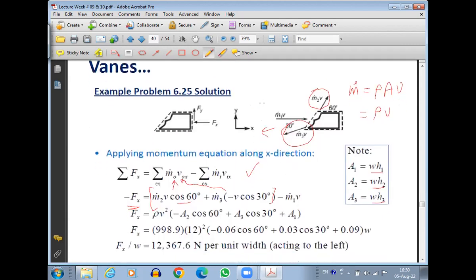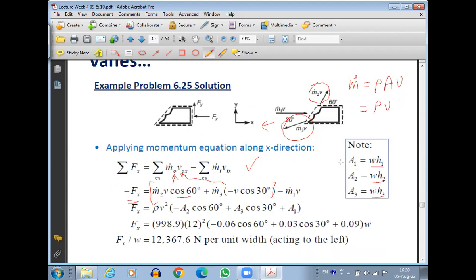So in this equation, if we substitute the values of area A1, A2 and A3, we'll have W in each of these terms, but we need Fx over W. So W can come over to the other side of the equation. We know the heights, the velocity, and the density. Just substitute the values, and you get Fx per unit width.